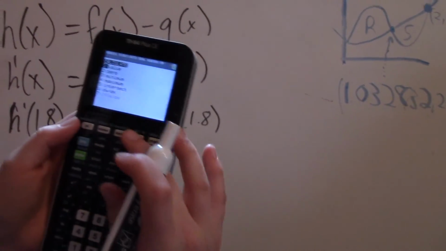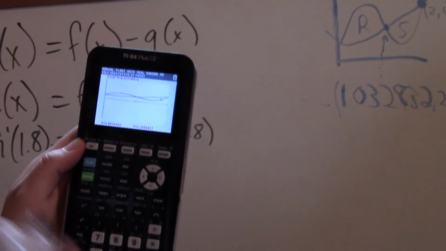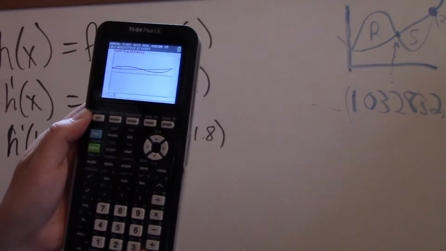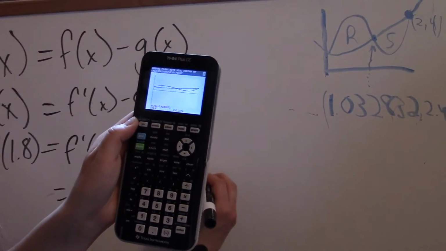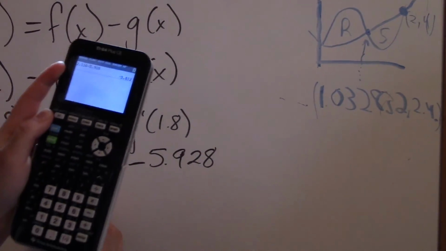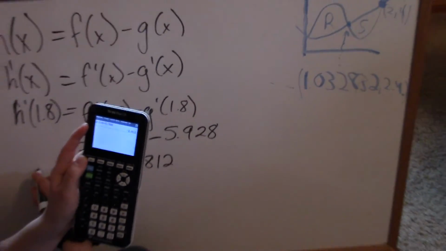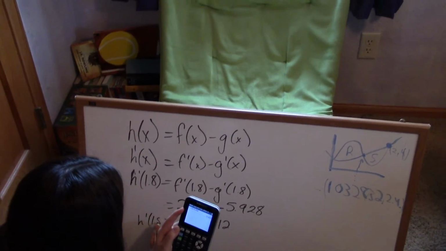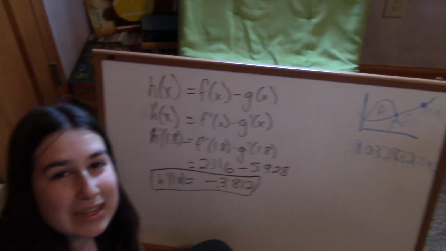Then to find the derivative of g of x, we have to hit down, so we're on g of x, and we type in 1.8, and it gives us our derivative of 5.928. And then if we plug that in, we get negative 3.812 as our answer for h prime of 1.8, or our rate of change when x is 1.8.